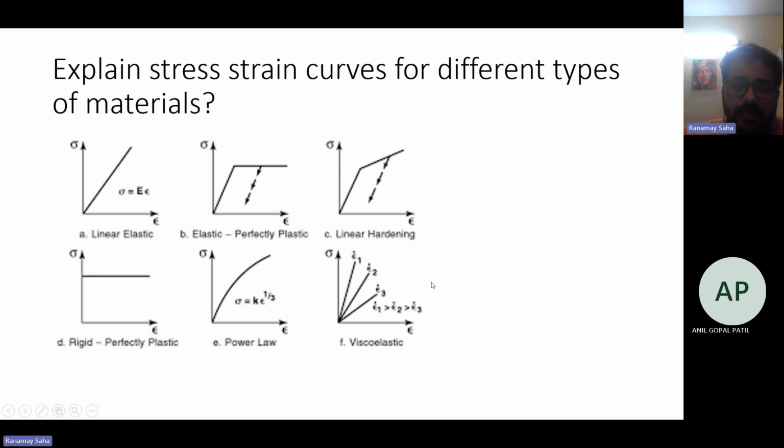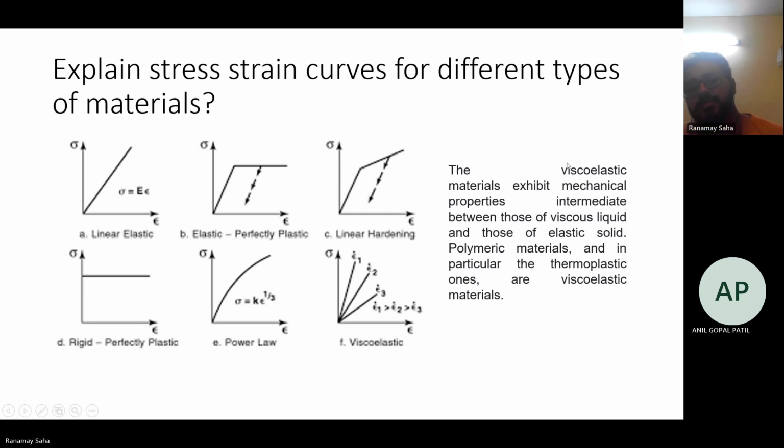Then you have this kind of viscoelastic materials. So what exactly are viscoelastic materials? The viscoelastic material lies between liquid and elastic solid. Such as polymeric materials, thermoplastic and thermosetting plastics.